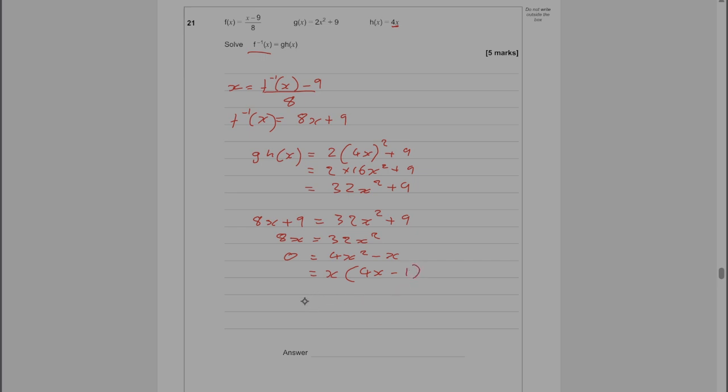So x is going to be equal to either 0 or a quarter. So x is equal to 0 or x is equal to a quarter.